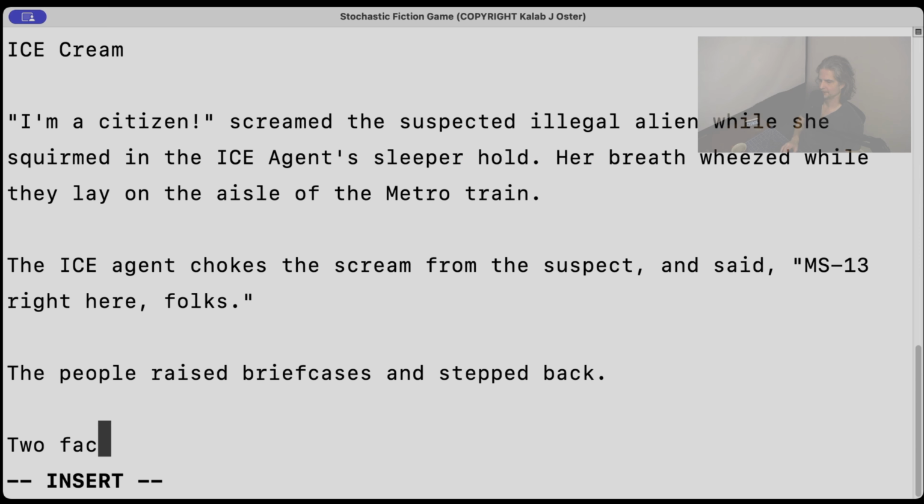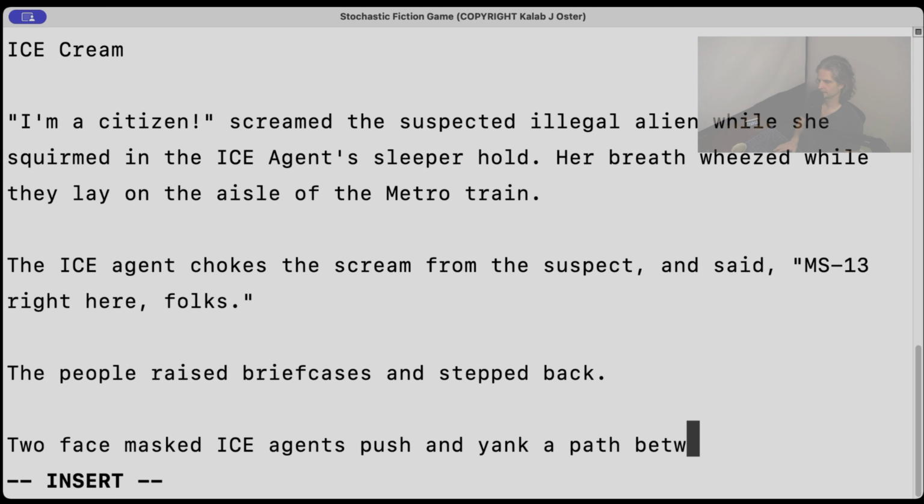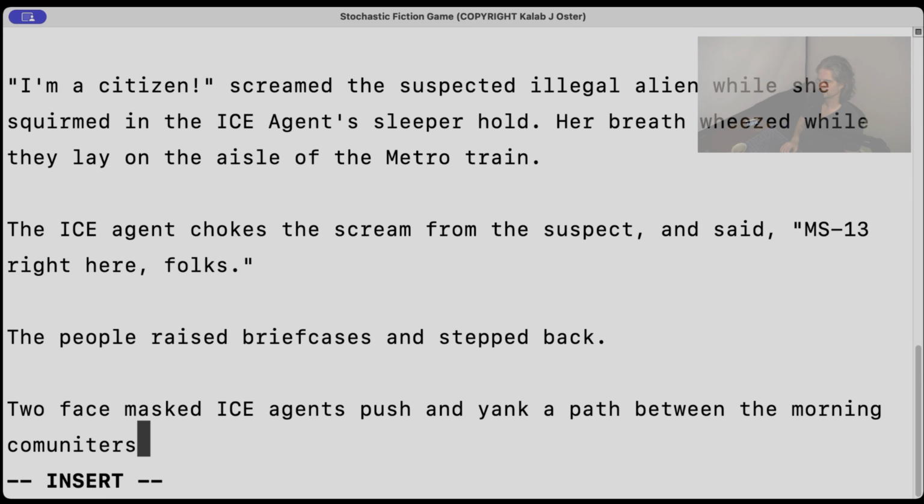Two face-masked ICE agents push and yank a path between the morning commuters. And scream.